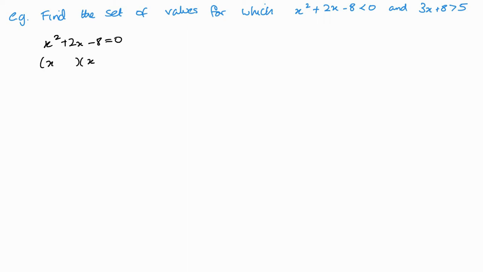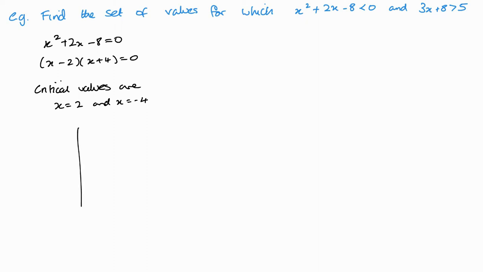Try to factorize first. So we're looking at a 2 times 4, plus 4 and minus 2. So our critical values are x equals 2 and x equals minus 4.